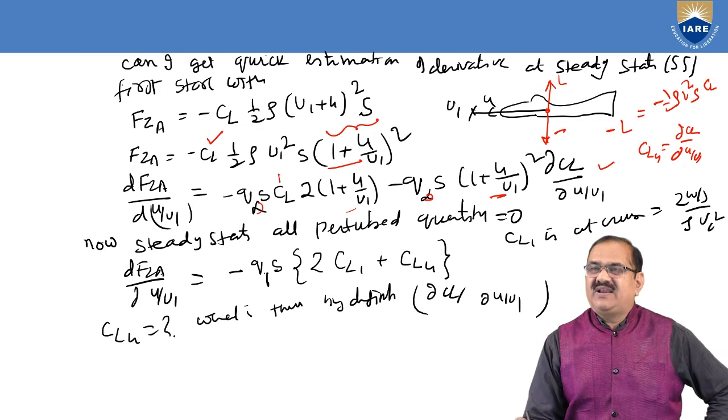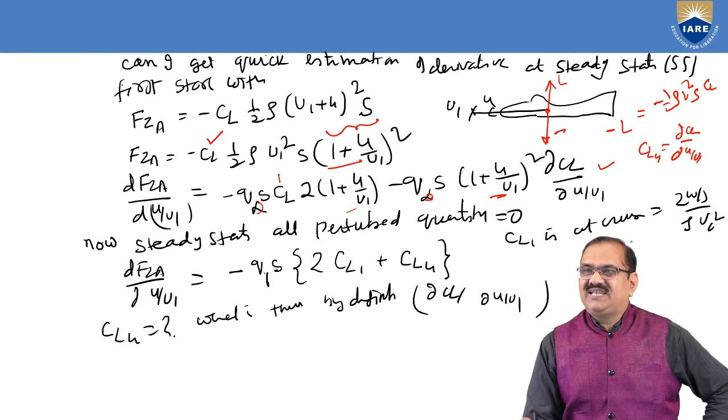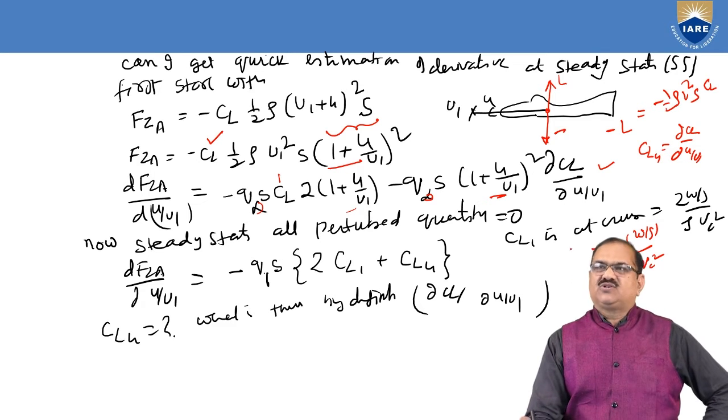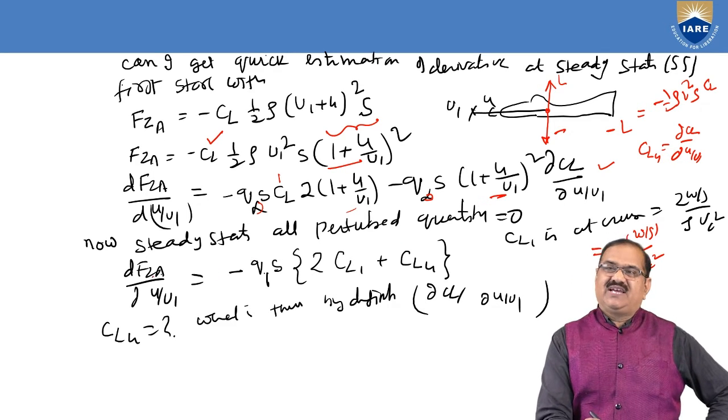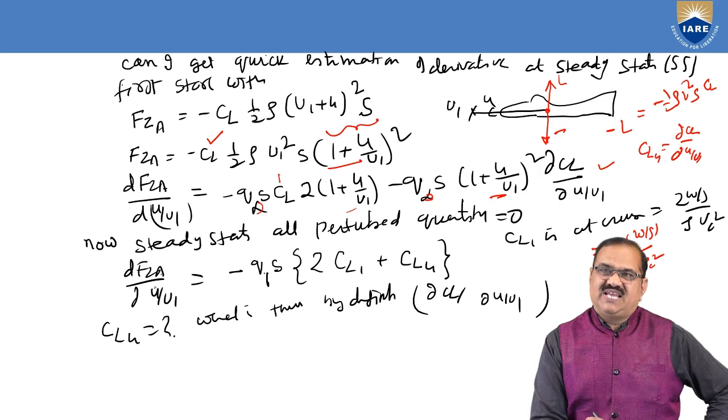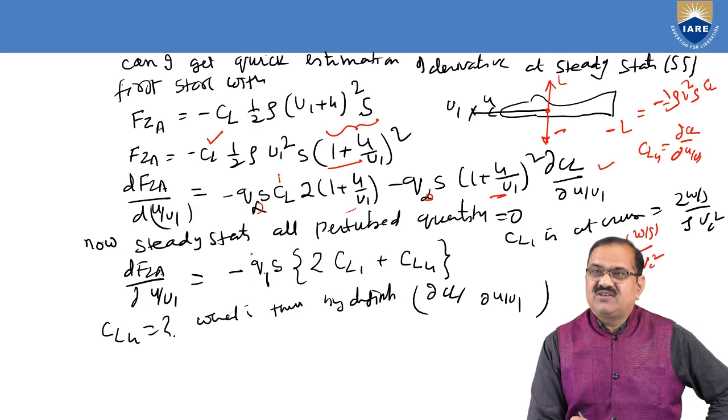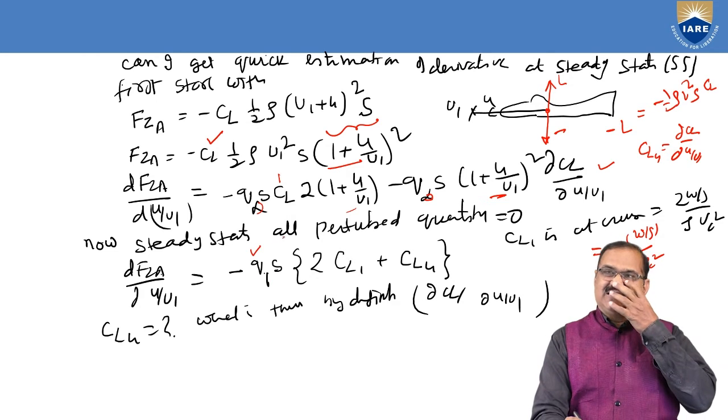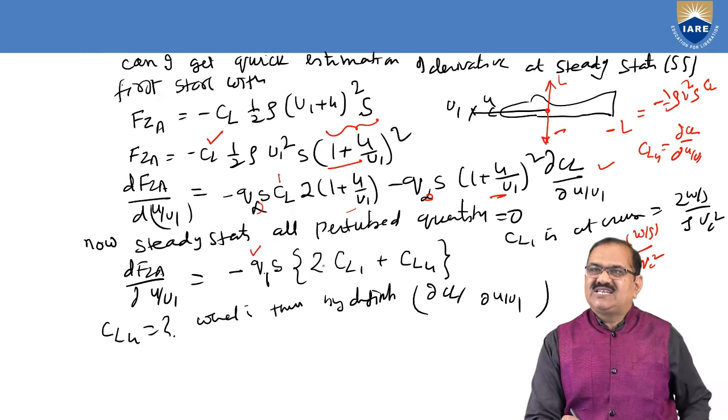CL1 is a trim, and we have already discussed that this is 2W by rho V square S. So we have got here that dou FZA by dou U by U1, this is the derivative, minus Q infinity S, and this Q infinity will become Q1. Q1 is the steady state value, S, 2CL1 plus CLU.